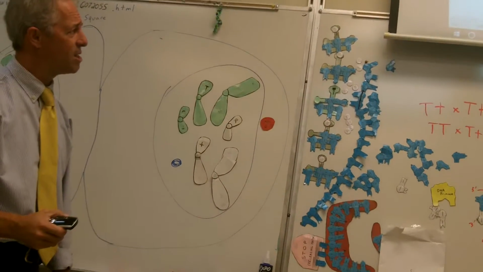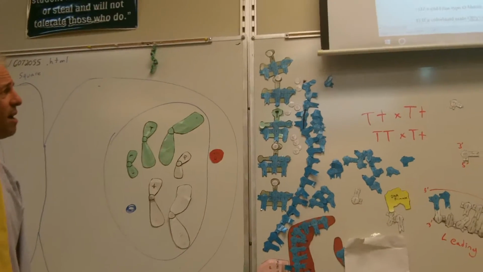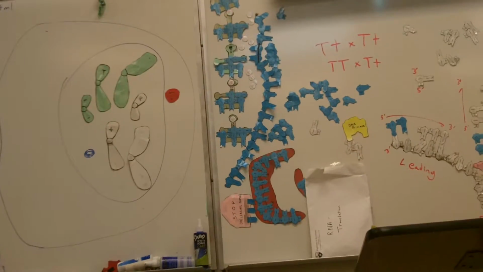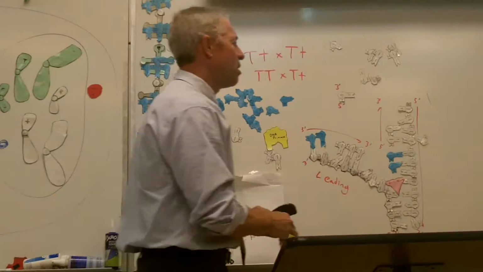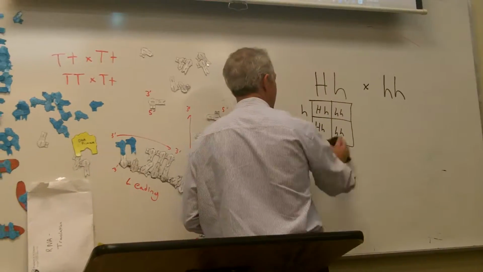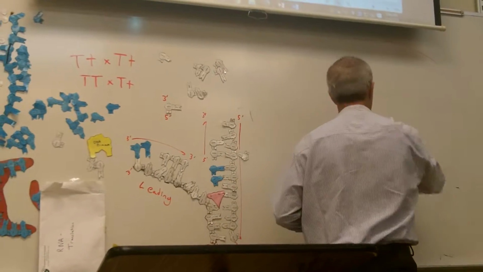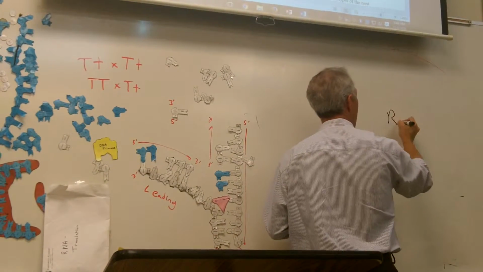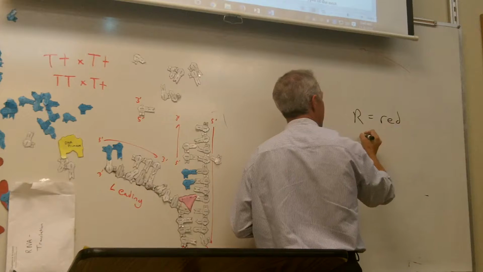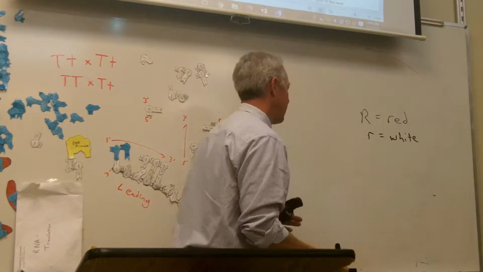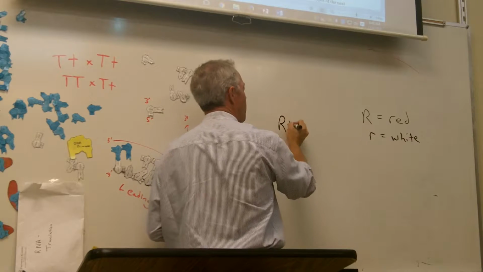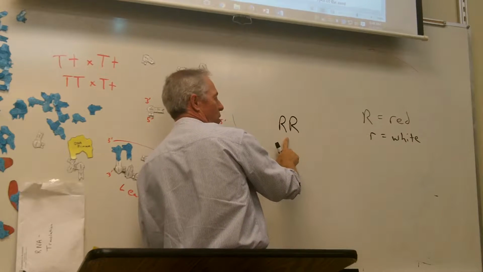What about snapdragons? They show incomplete dominance. If a pink snapdragon is mated with a white snapdragon, what will be the percent for the next generation? In snapdragons, big R is red, little r is white. If you're big R, you're red.